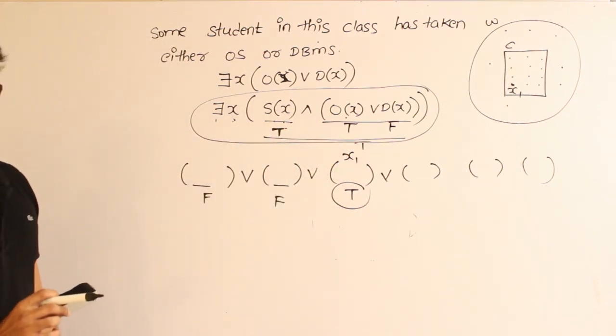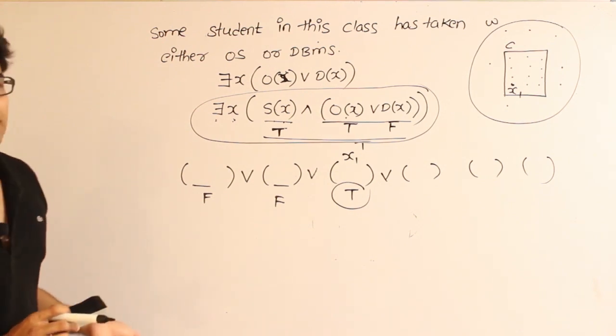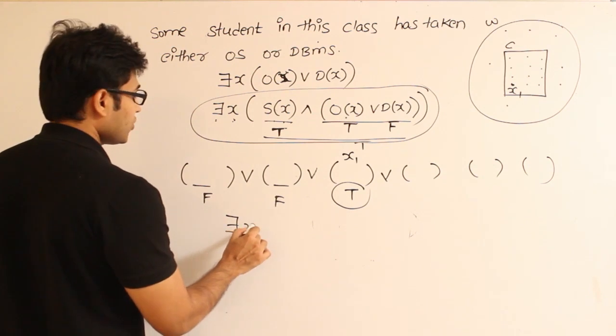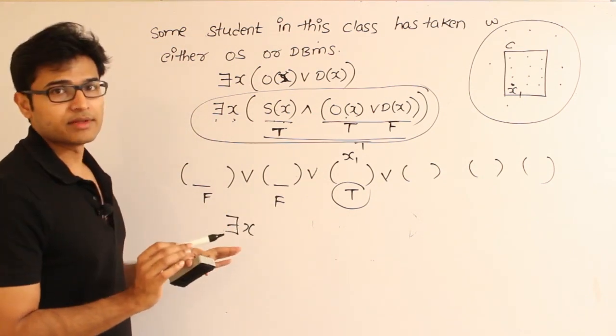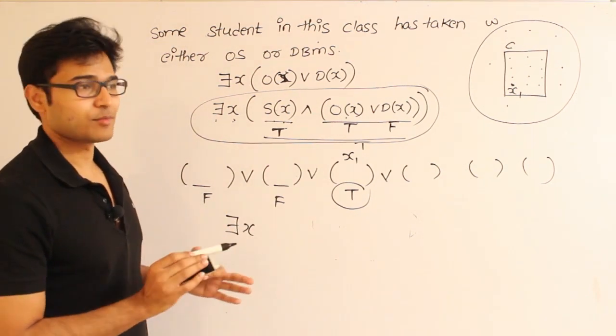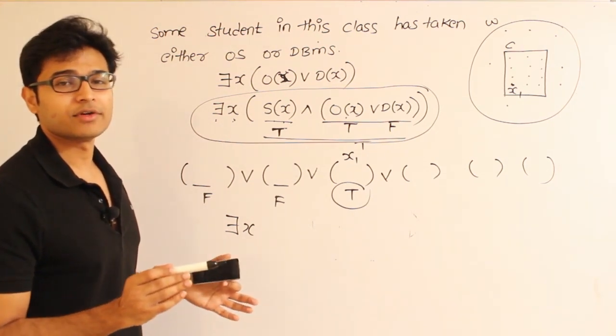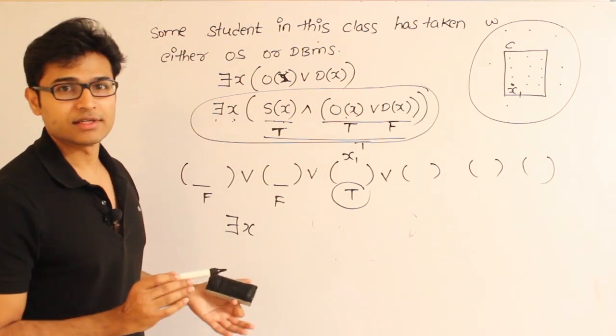Got it? Now you might ask me, why can't we write like this? See, this is probably the most confusing part in the entire computer science, or at least in this subject. If you can understand it, you can think that you can answer anything in this subject.